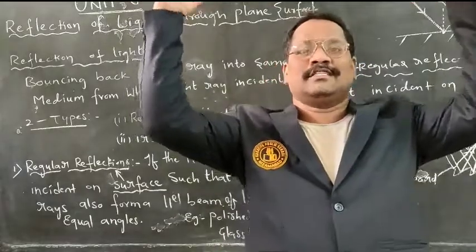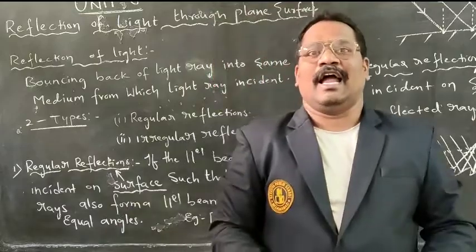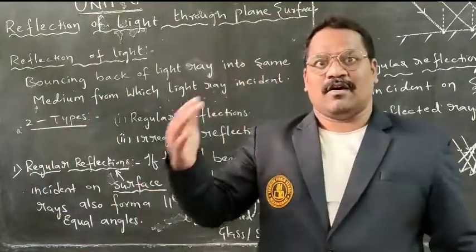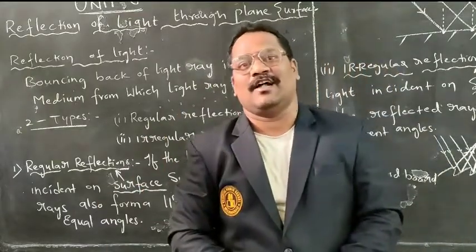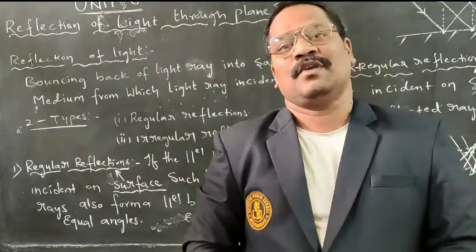It means the light rays are incident upon an article, an object. And after being incident on the object, the light rays bounce back, returning and falling upon our retina, which causes the sensation of vision.